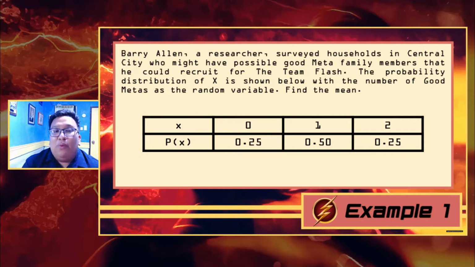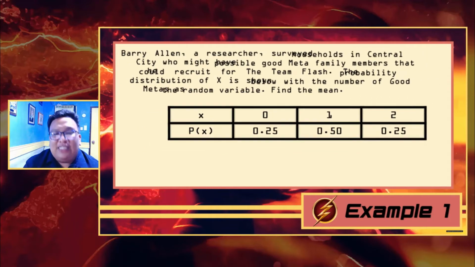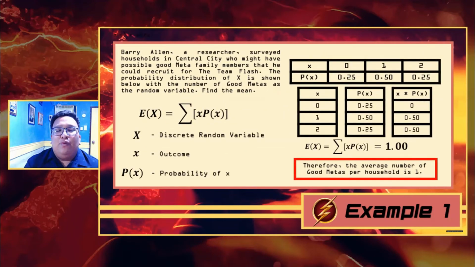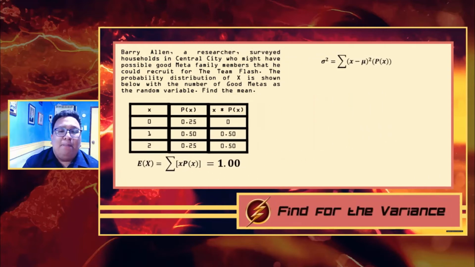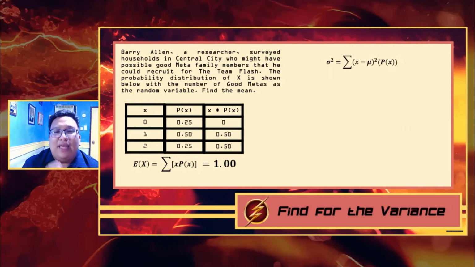So we have found the mean last time, and we've concluded that the average number of good metas per household is 1. And this time we're going to help Barry Allen to identify the variance of this probability distribution.